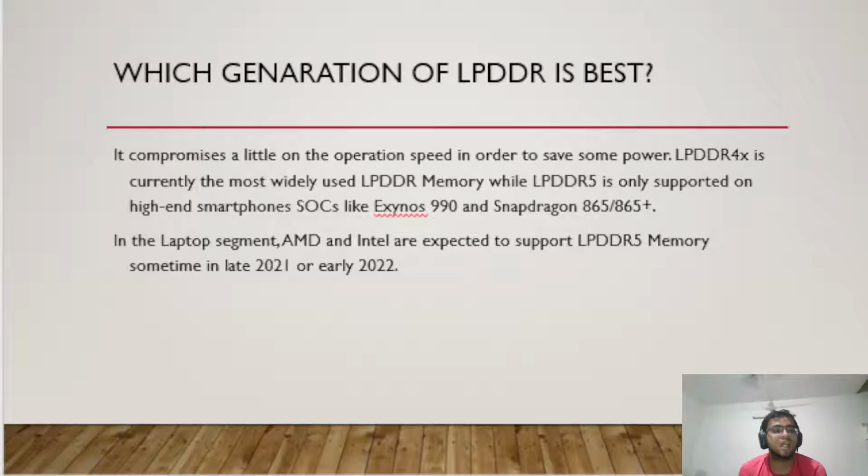LPDDR4X is currently the most widely used LPDDR memory, while LPDDR5 is only supported in high-end smartphone SoCs like Exynos 990 and Snapdragon 865 or 865 Plus. In the laptop segment, AMD and Intel are expected to support LPDDR5 memory sometime in late 2021 or early 2022.